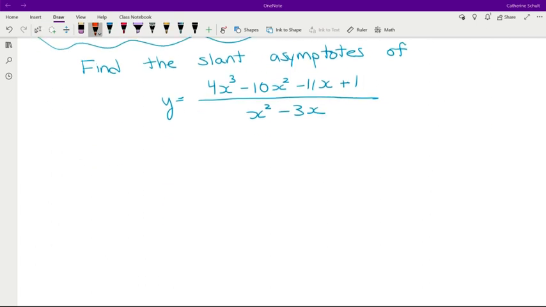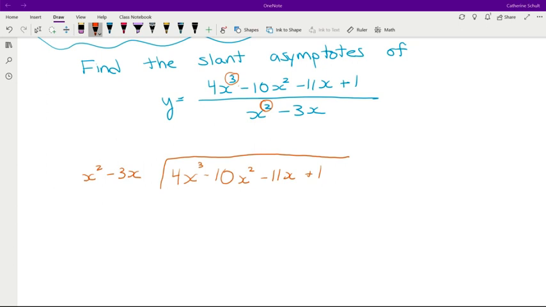We have to do long division to figure out the slant asymptote. And then I'll show you why that works. We'll go back to the definition after we've completed it. All right, so this is exactly what we did in pre-calculus. We had the numerator and we're going to divide it by the denominator. And we can do that because the numerator is 1 degree higher than the denominator. So we are in that case, third degree divided by a second degree function.